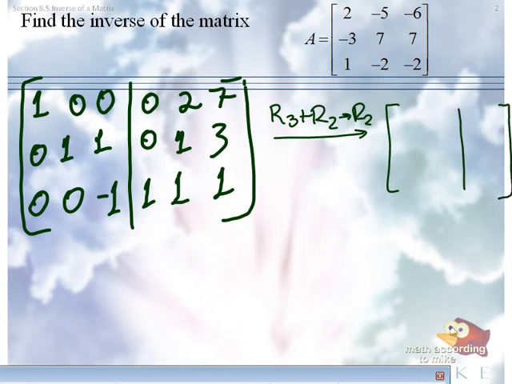That works good, right? Row 1 and 3 do not change.